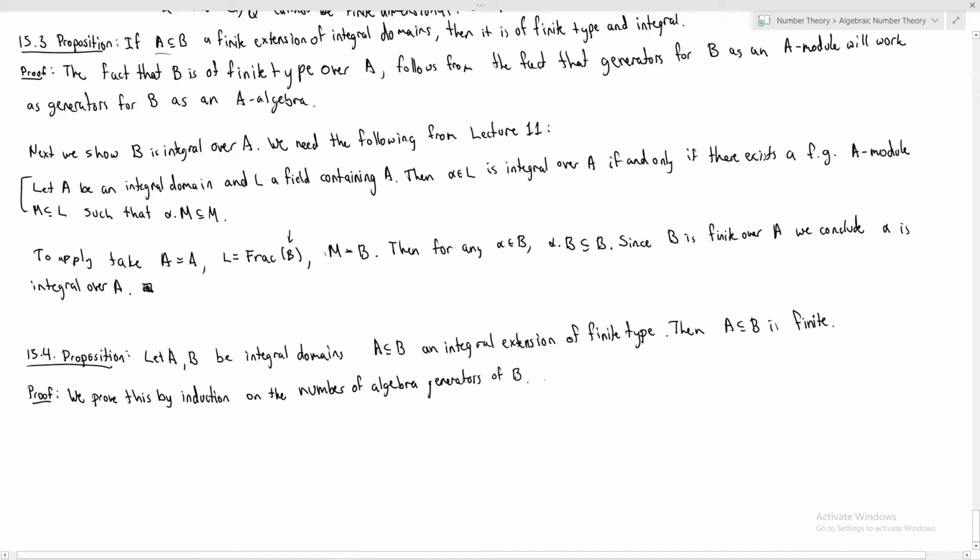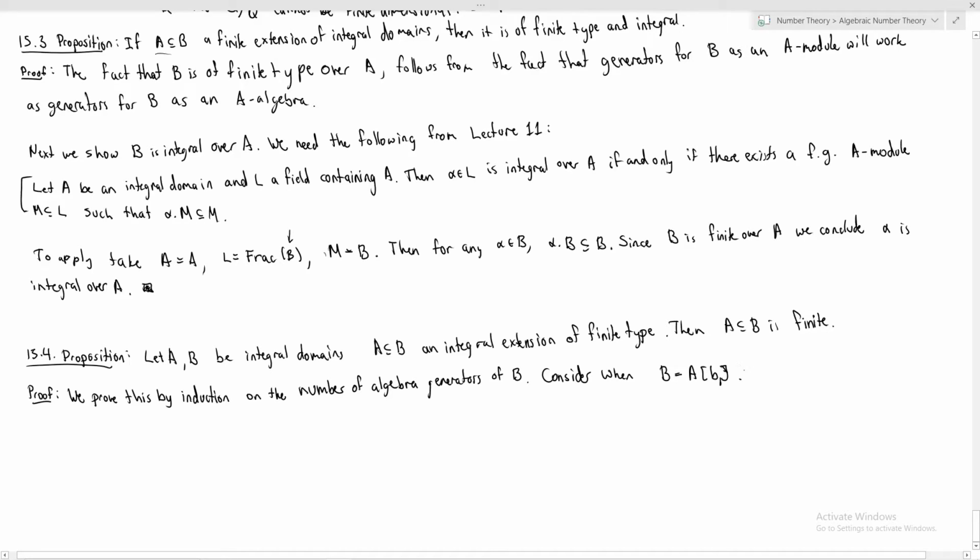Okay, so first, let's consider the base case. In this case, B just has one algebra generator, let's say B1, and it looks like basically polynomials with coefficients in A in this element B1.